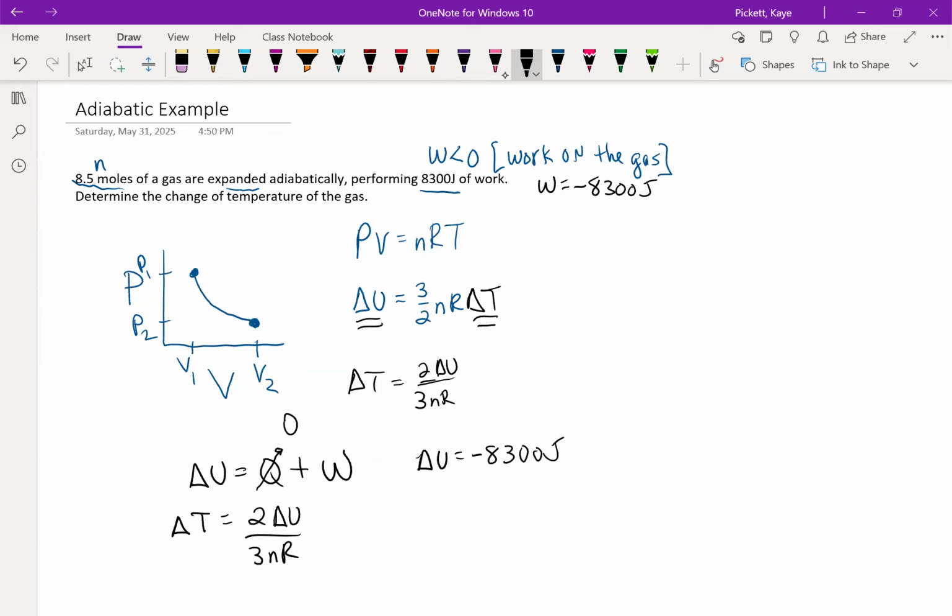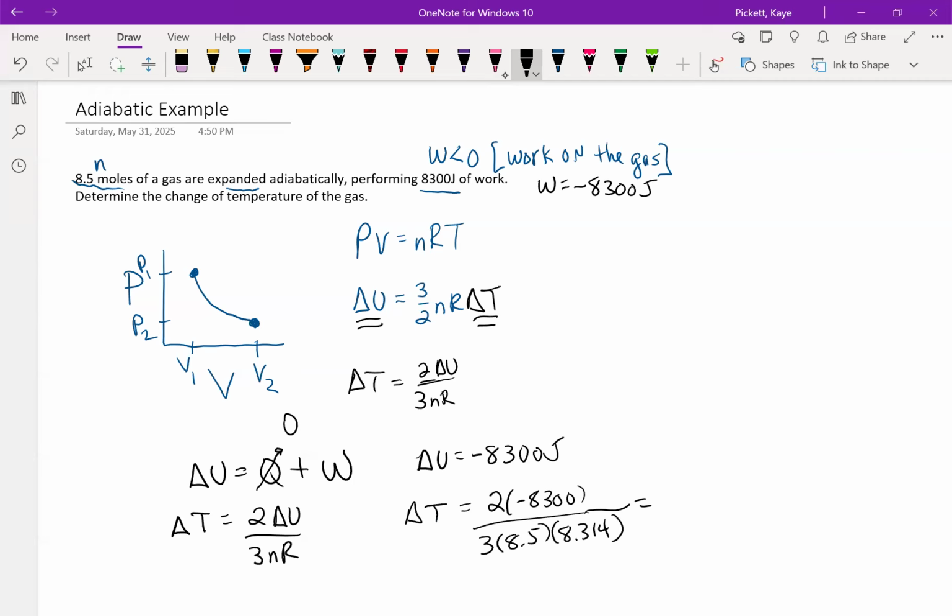Okay, so my temperature change, delta T, is going to be 2 times negative 8,300 over 3. Now my number of moles was 8.5, and R is 8.314 joules per mole Kelvin. Since I've got the right set of units here, I'm good to go.